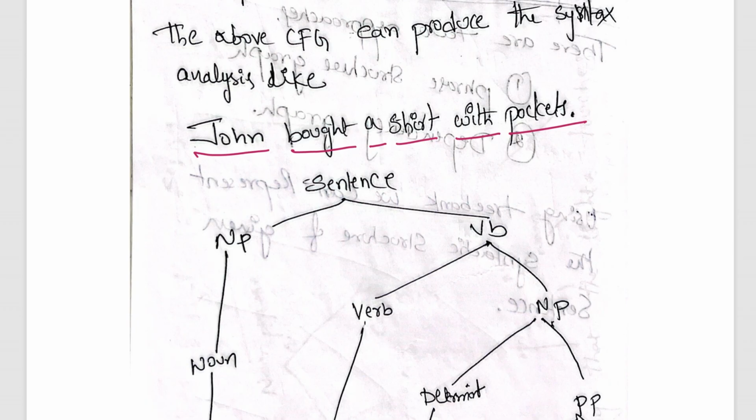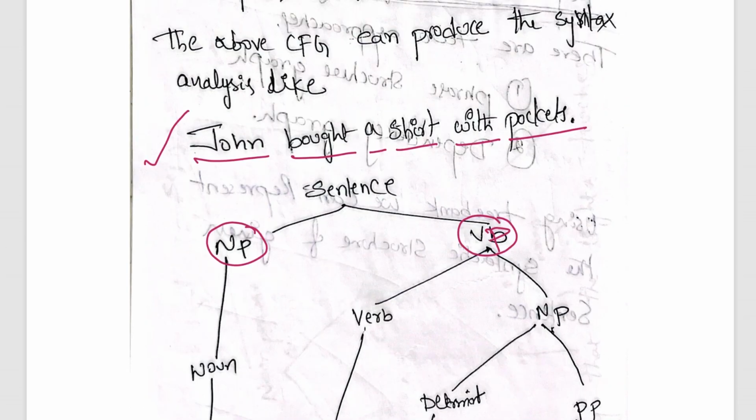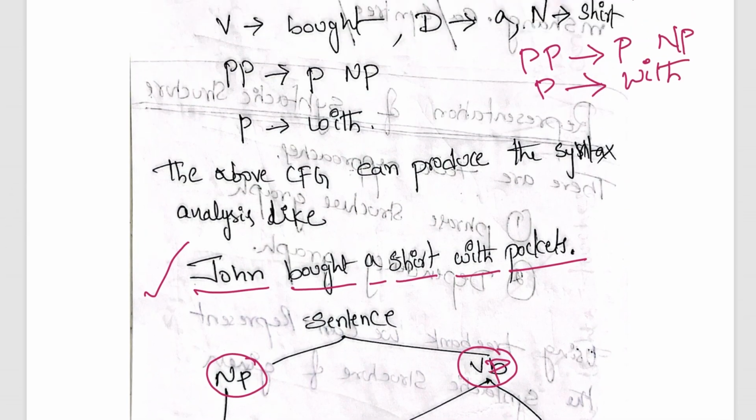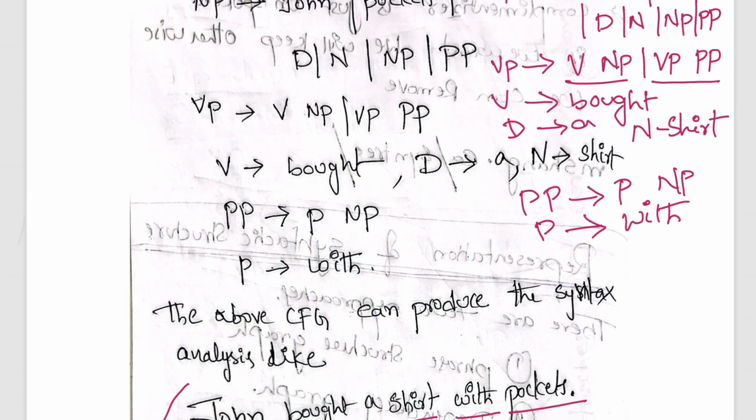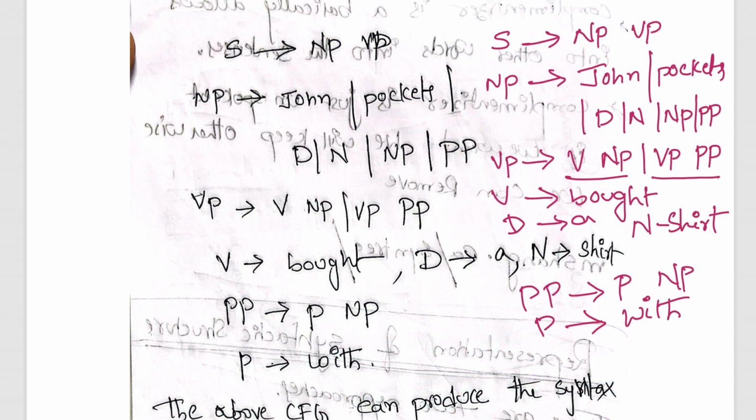The sentence is a noun phrase followed by a verb phrase. Based on our sentence, the noun phrase could be directly John and pockets, or a determinant, a noun, or a noun phrase and preposition phrase.